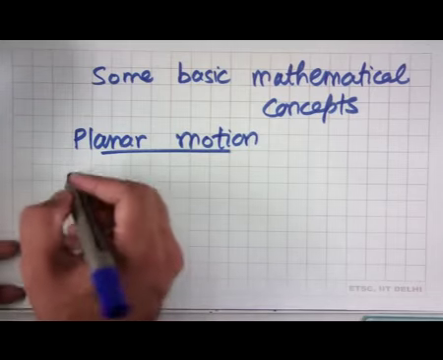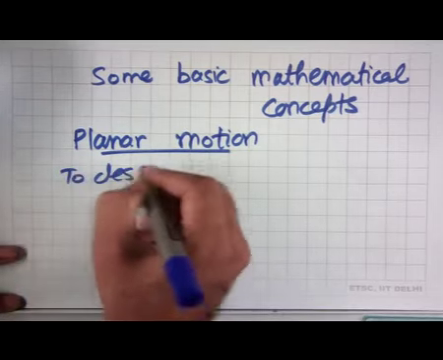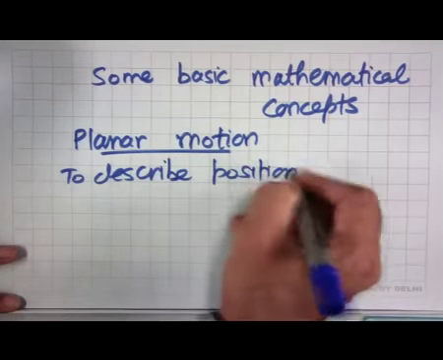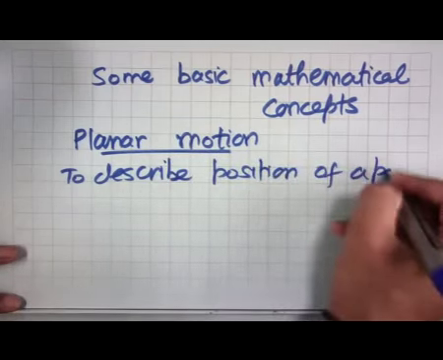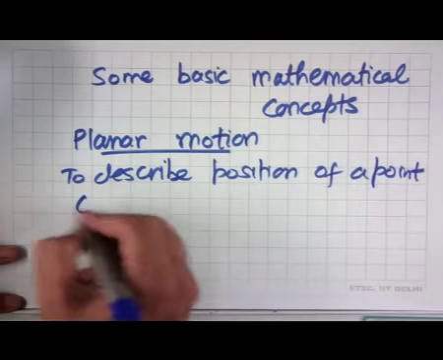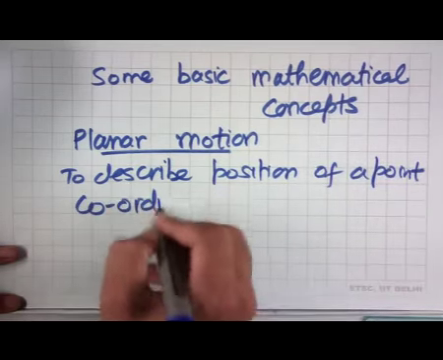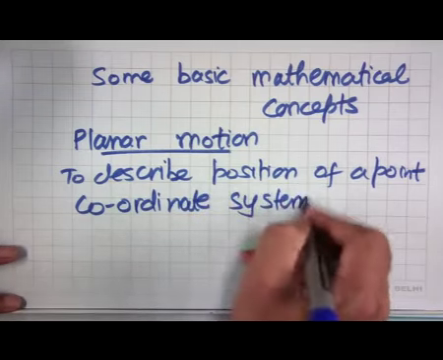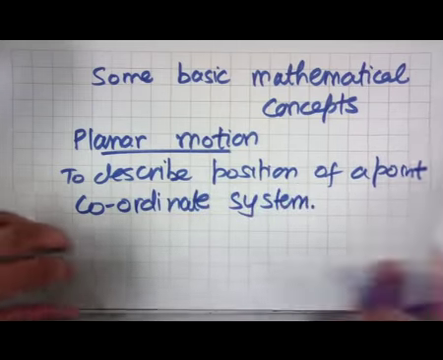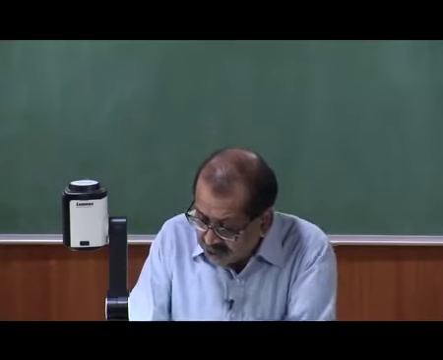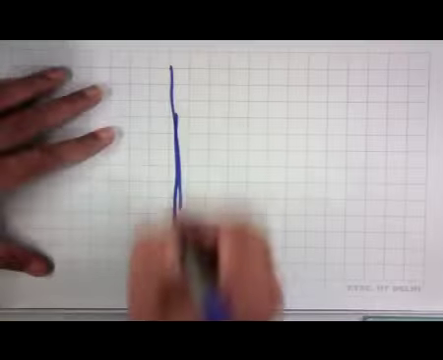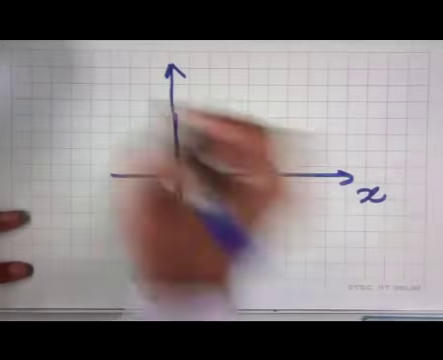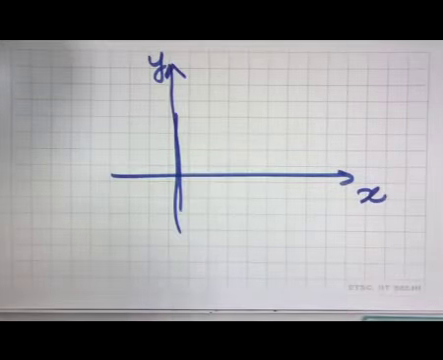So, here to describe the position of a point, we use what we call a coordinate system. What we do is, we take two mutually perpendicular directions, let us say one of them is x, the other is y.